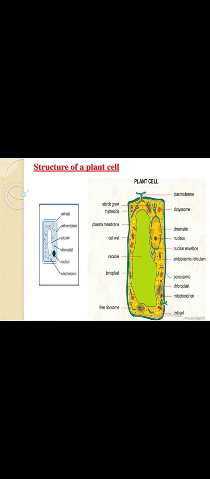Now we'll discuss the structure of a plant cell. In a plant cell, starch, green thylakoids, plasma membrane, cell wall, vacuole, tonoplast, free ribosome, plasmodesma, dictyosome, chromatin, nucleus, nuclear envelope, endoplasmic reticulum, peroxisome, chromoplast, mitochondria, and cytosol are present.